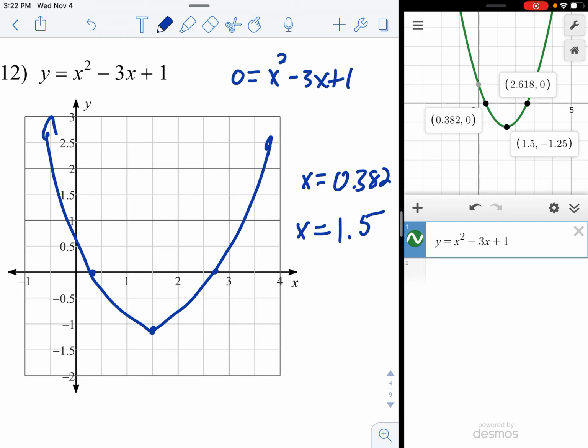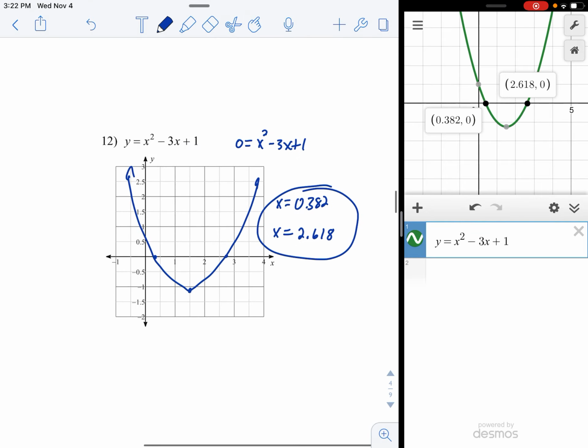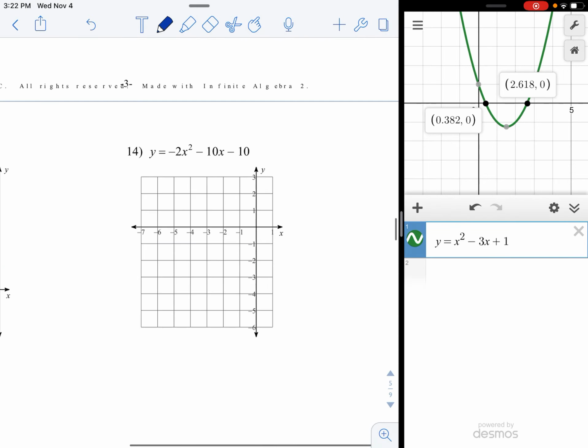Nope, not 1.5. I'm taking the wrong point. It's 2.618. So, okay, that can happen. If it's a decimal, so be it. It's a decimal.